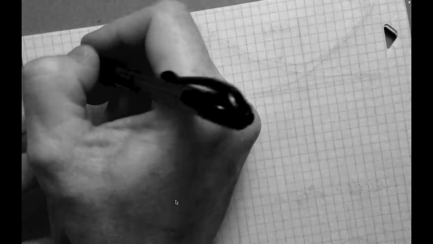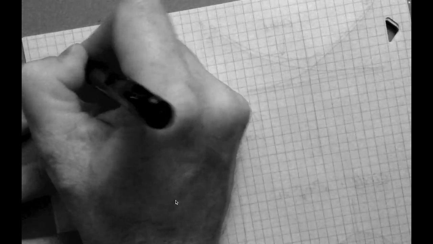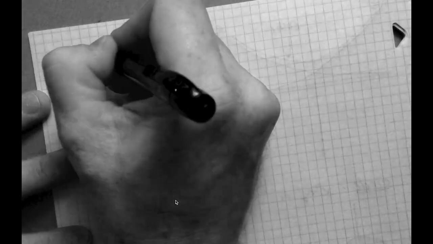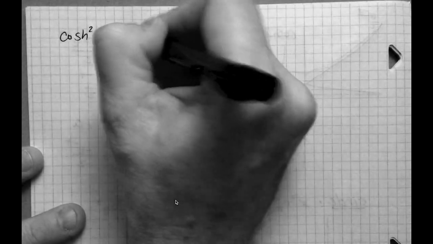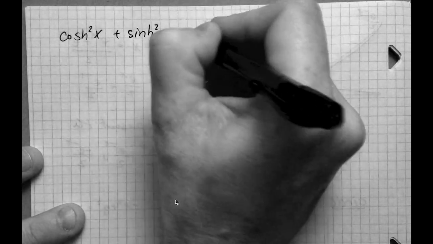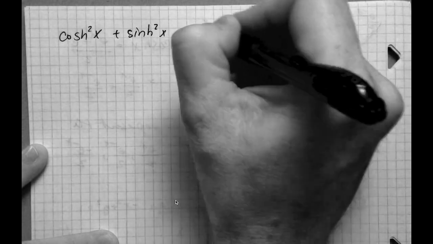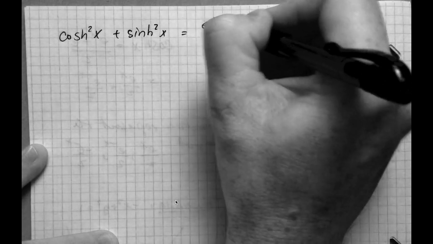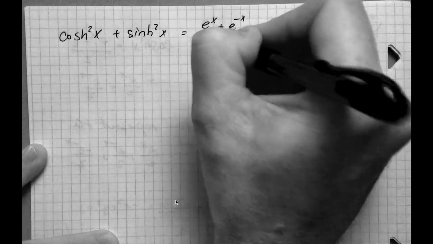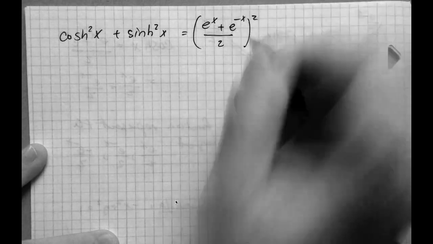I got lines blocking my view. So if I have the hyperbolic cosine of x squared plus the hyperbolic sine of x squared, right, then by definition, the hyperbolic cosine is e to the x plus e to the negative x over 2, and of course if I square it, it's squared.